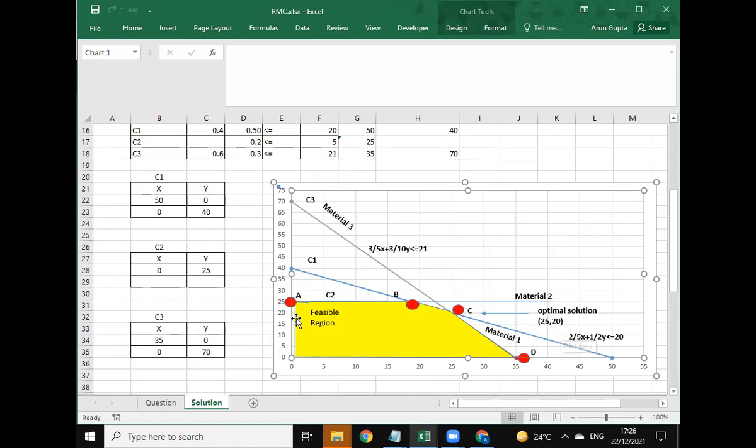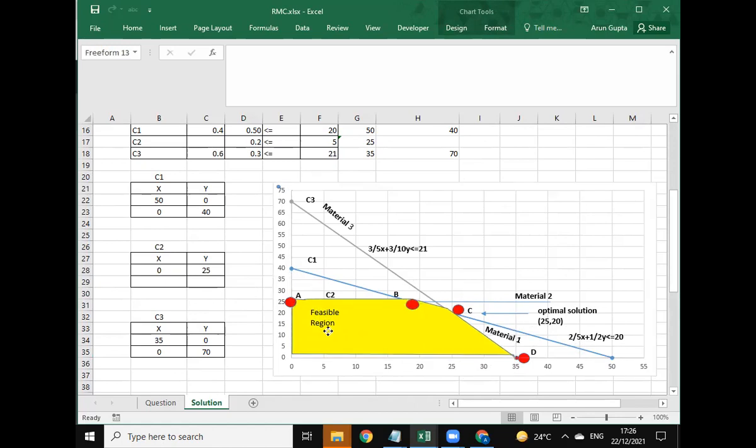So 20 is the base value here and 25 is the second value. This area is a feasible region where all possible values satisfy the linear equations. So this is the feasible region.